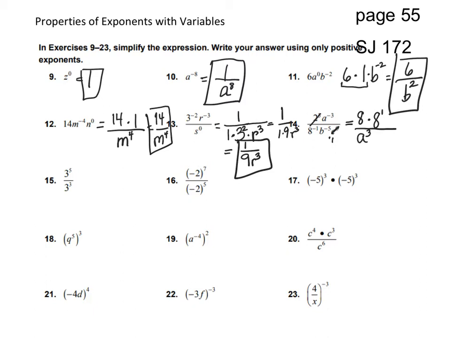B to the negative 5 that's in the denominator will move to the numerator with an exponent of positive 5. Of course, 8 to the first power is 8, and I'll simplify my numerator. 8 times 8 is 64. 64 times b to the 5th is 64 b to the 5th power. And a to the 3rd power has nothing to simplify with it, so that is my final answer.